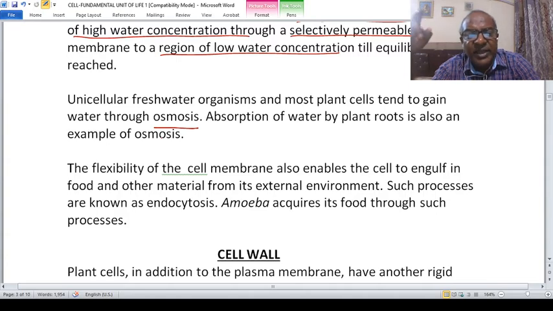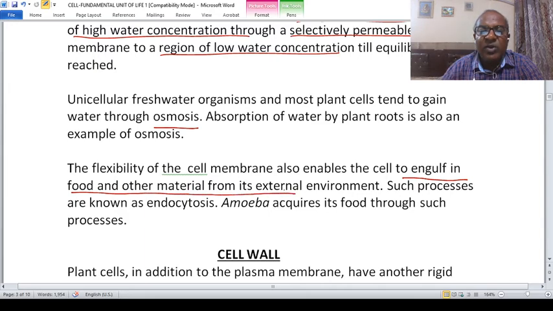The flexibility, particularly in case of amoeba, if you remember, we had discussed while we were discussing this topic, that amoeba can change its shape. So the cell membrane or the plasma membrane is flexible. So the flexibility allows the amoeba to engulf food and other material from its external environment.